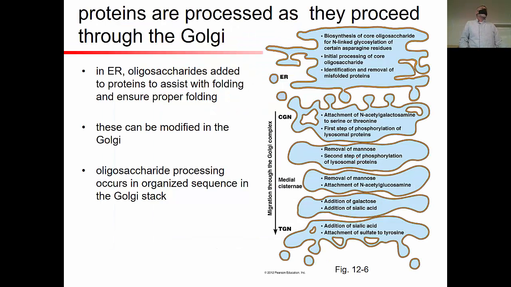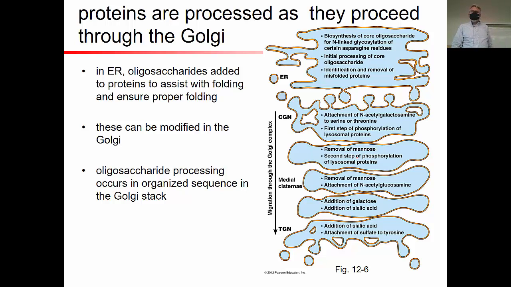When we think of the Golgi, one of the main things we think about is protein processing. Here we get modifications made to proteins, and it's also a sorting center. So it's important for the trafficking of proteins. It basically directs them to different places in the cell.